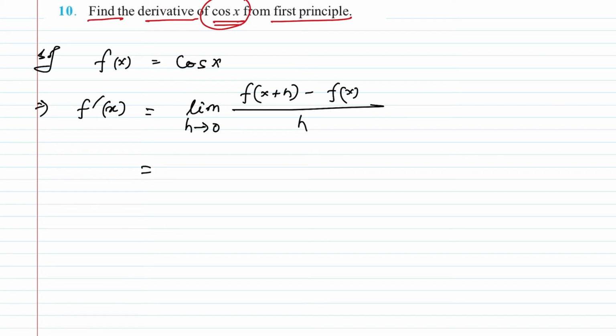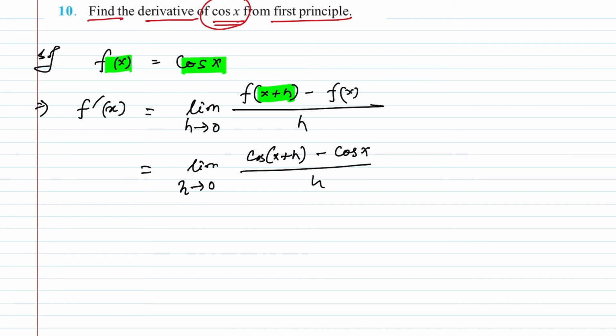Here f of x is cos x, then what will be f of x plus h? It must definitely be cos of x plus h. And f of x is cos x, by h.